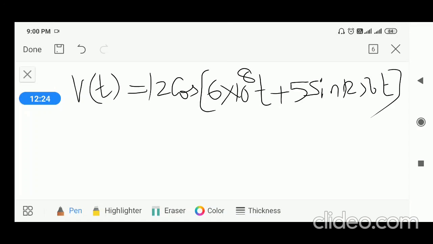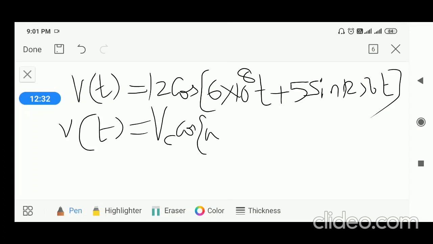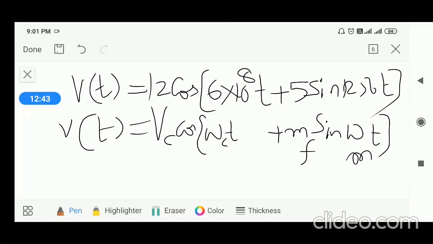I will compare with the standard time domain equation of FM signal, Vc cos(omega c t plus mf sin omega m t).